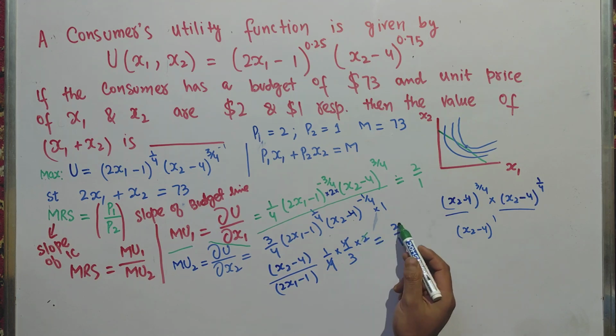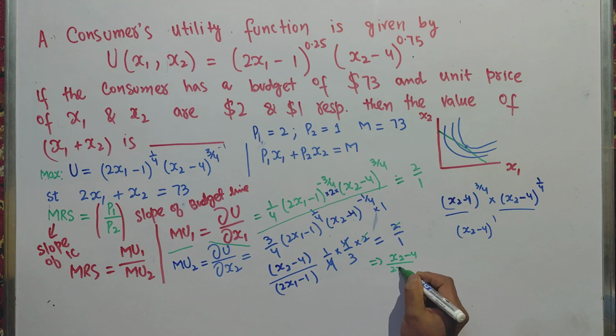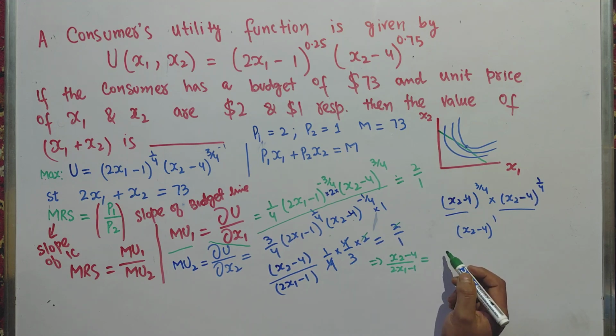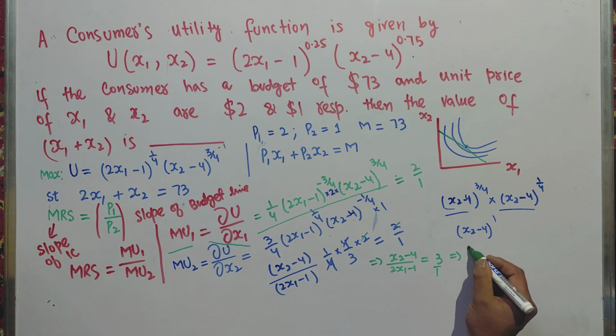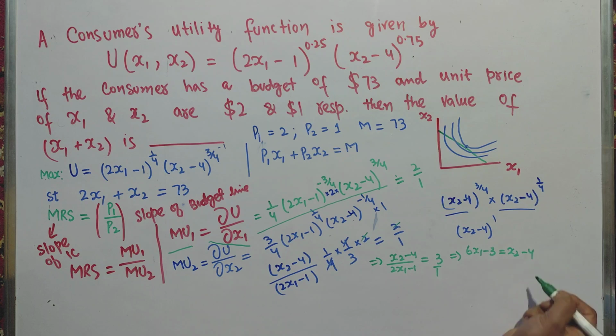So also 2 and 2 will get cancelled, then that implies (x2 minus 4) upon (2x1 minus 1) is equal to, transposing this, it will become 3, which implies 6x1 minus 3 is equal to x2 minus 4.